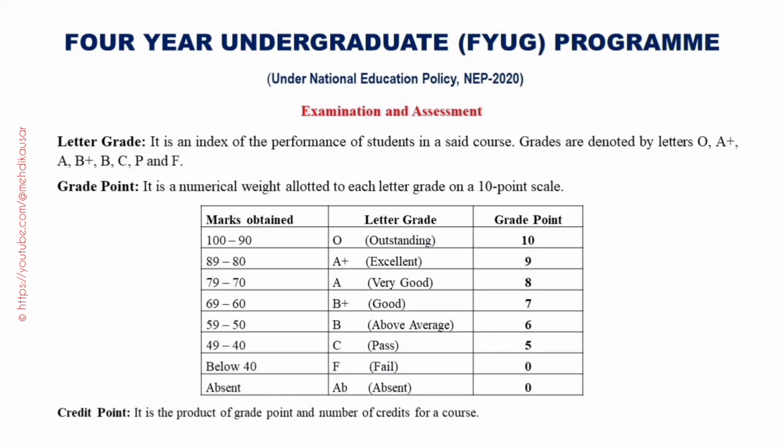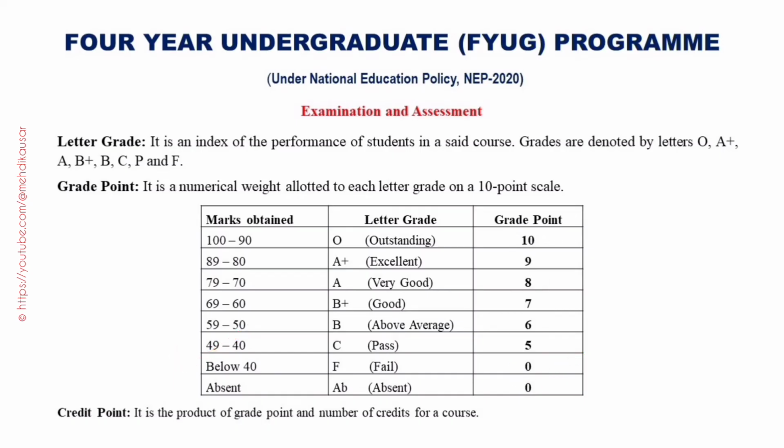Similarly, for the marks in the range 70 to 79, 60 to 69, 50 to 59 and 40 to 49, the letter grades will be A, B+, B and C respectively, for which the student will get a grade point of 8, 7, 6 and 5 respectively. But, below 40 marks, it's an F grade for which the student will get 0 grade point, that means fail.